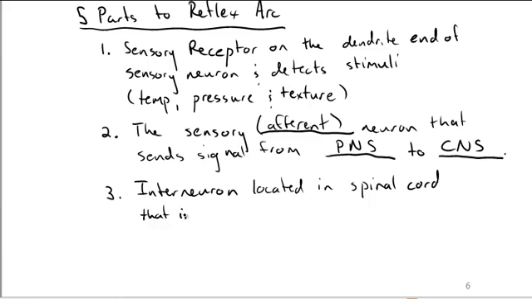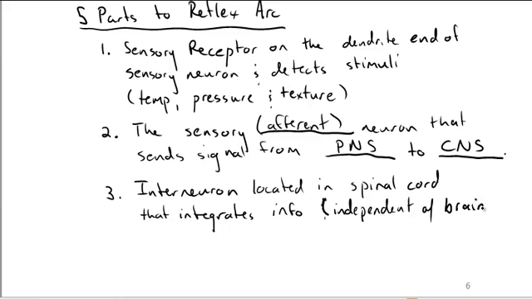That integrates info independent of the brain, so it might be receiving information from several neurons at once, without actually sending that info to the brain, and connects with the motor neuron.